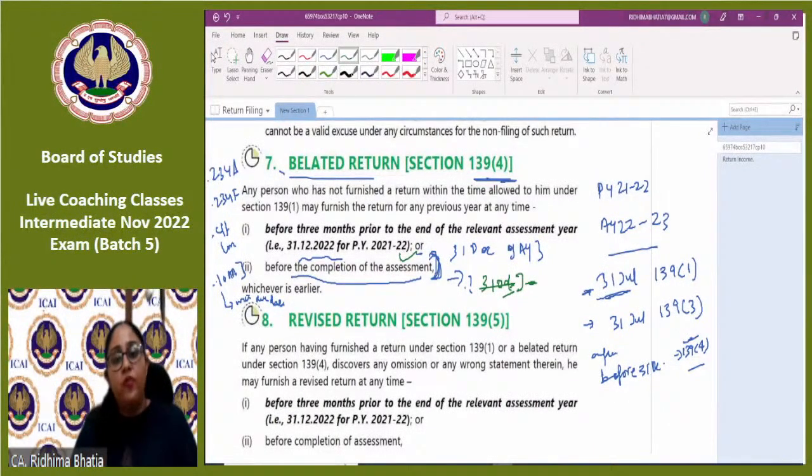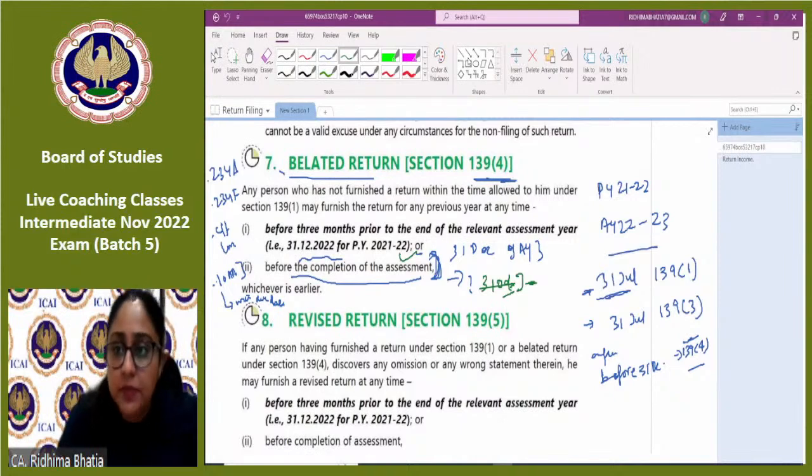Okay. So you have to file the return of income by 31st of December of the assessment year or before completion of assessment. If a theory question comes, you have to write both the conditions. 139(4) clear? मतलब तो वही है ना, 9 months from the beginning of the assessment year, or 3 months prior to the end of the assessment year.